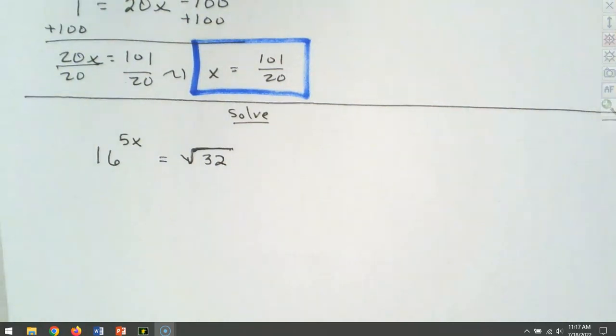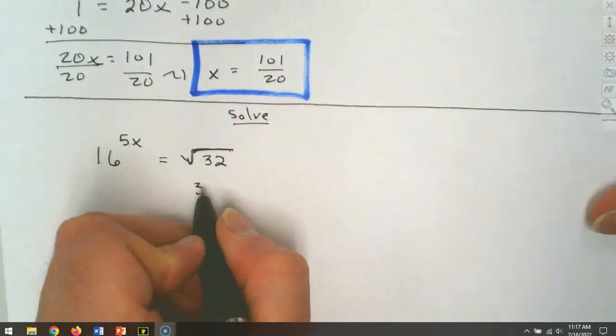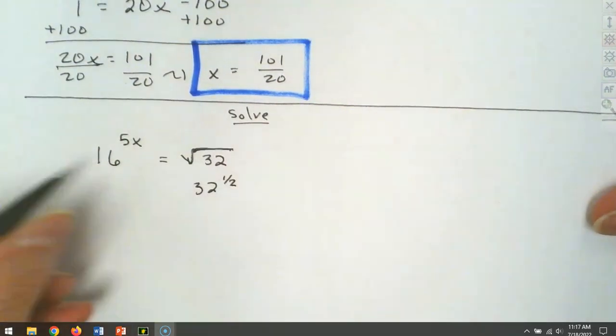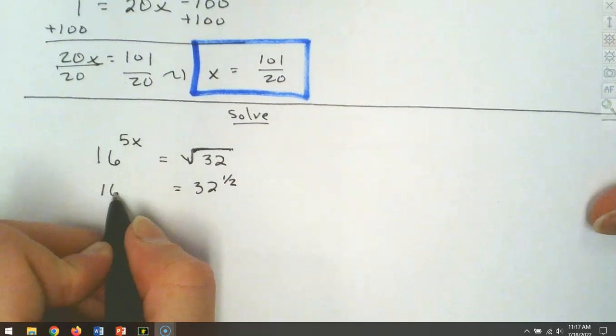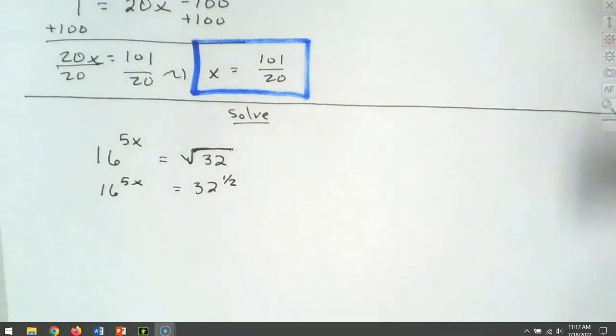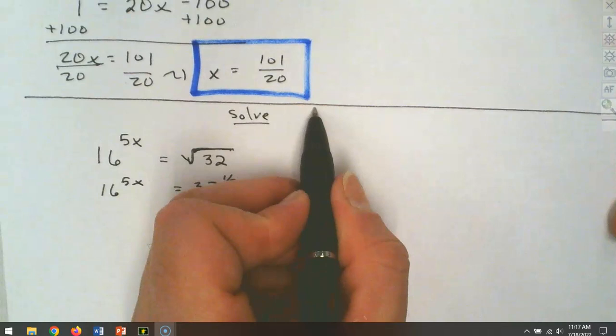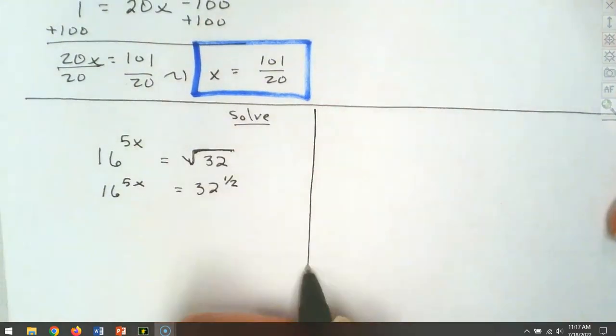So the first thing I'm going to do is I want to get rid of that root. Now there's no index, meaning no number in front. So if there's no index, that's a square root. So we can write this to the half power. Is everyone okay with that? So that's the first thing I did, was I just simply rewrote that to the half power.